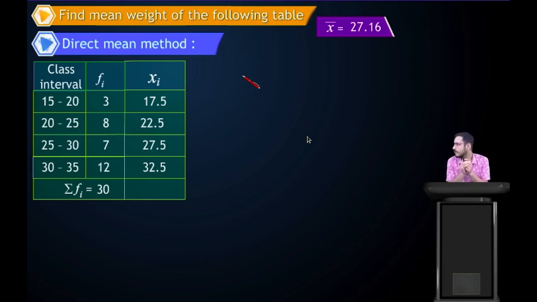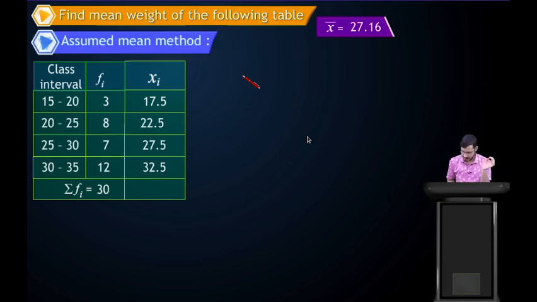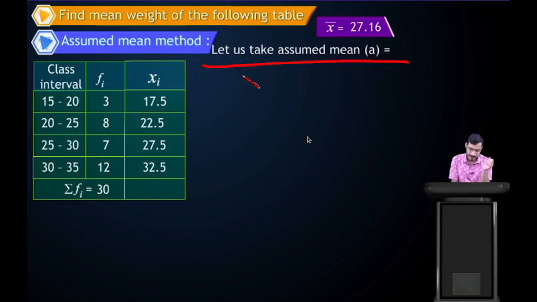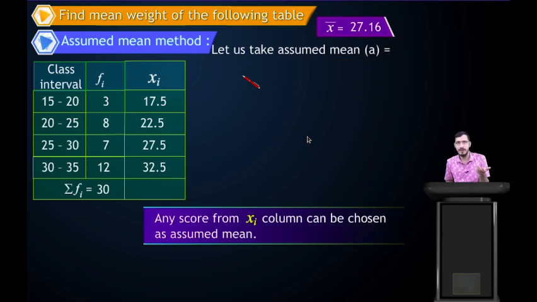So what will we do? How can we find the mean by using the assumed mean method? Let's take one example here. Let us take an assumed mean A. Any score from the xi column can be chosen as the assumed mean.